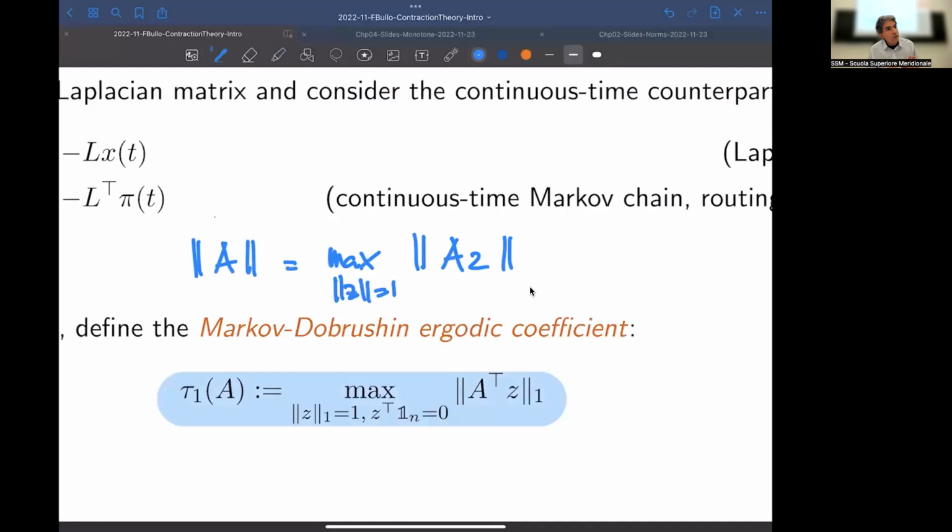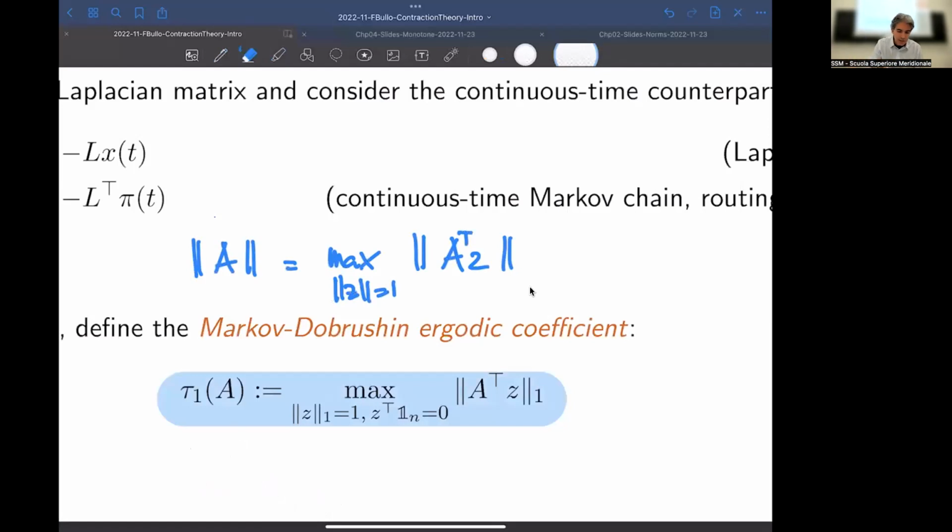Not exactly though. First of all, for weird reasons, Markov decided to put a transpose there. I find it weird because it seems to me this should be tau_1 of A transpose, but that's not the way he did it. So I need to be consistent with the history. There's a transpose; it's not my choice.